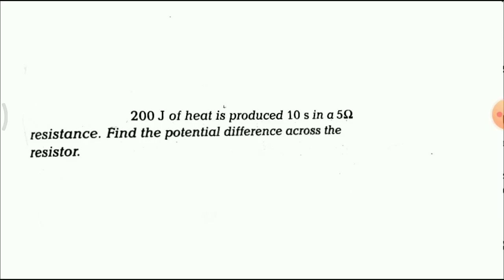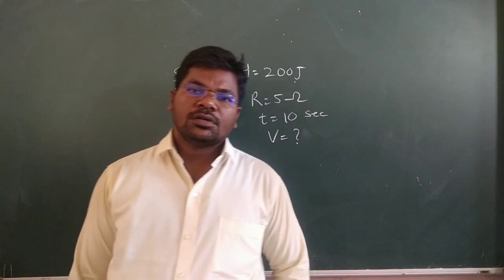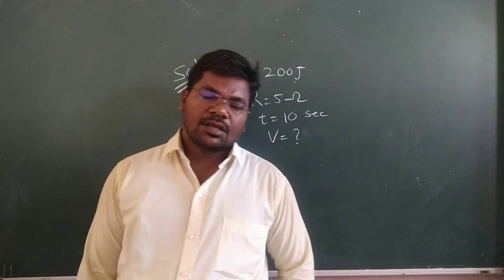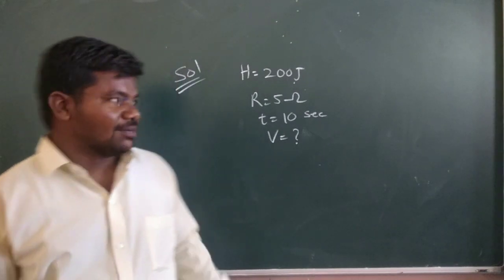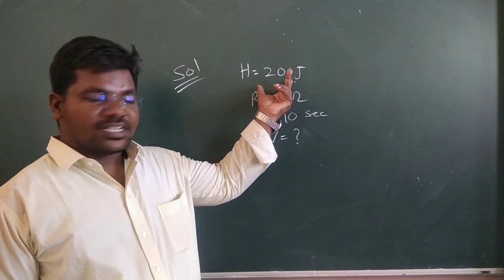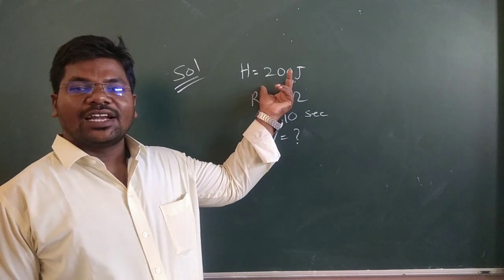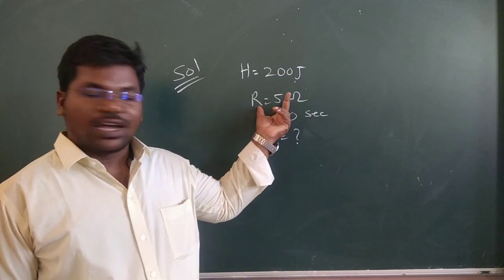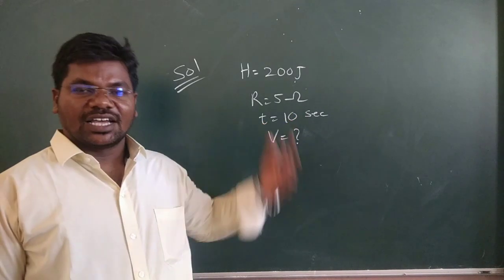200 joules of heat is produced in 10 seconds in a 5 ohm resistance. Find the potential difference across the resistor. According to the problem, the given data: heat energy is 200 joules, resistance 5 ohms, time 10 seconds.